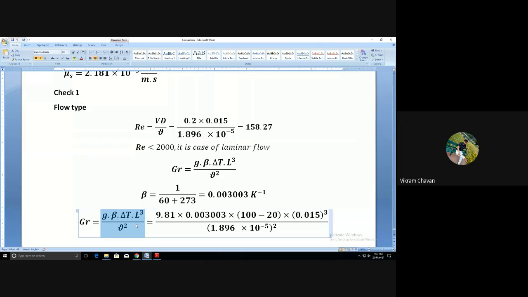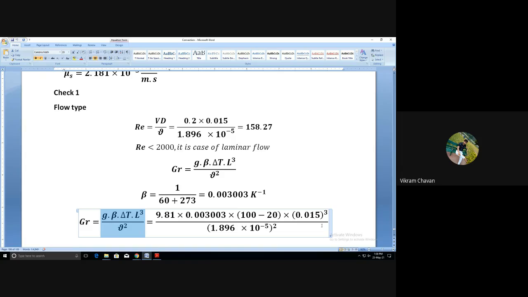If you get the same beta value, then put all the values of the variables in the Grashof number formula and calculate the Grashof number. So g is 9.81, beta is 0.003003, multiplied by delta T, the temperature difference, so 100 minus 20. In our pipe case, the hydraulic diameter, or characteristic length, is equal to the diameter of the pipe, which is 0.015, and its cube is taken.